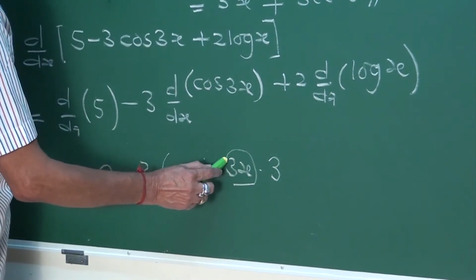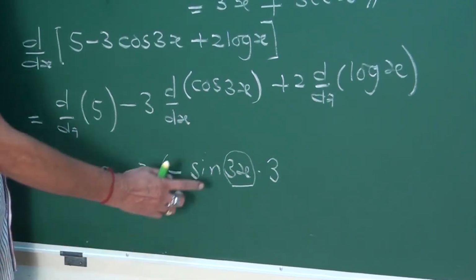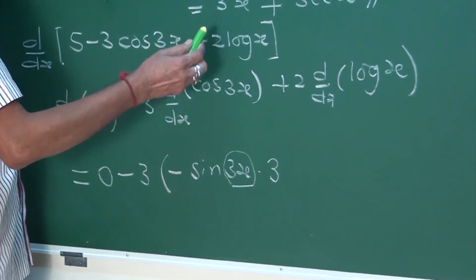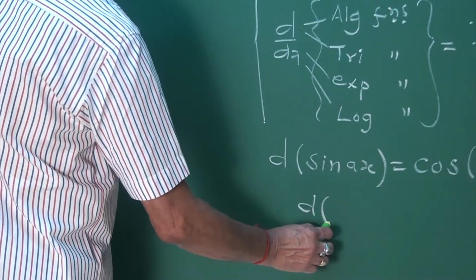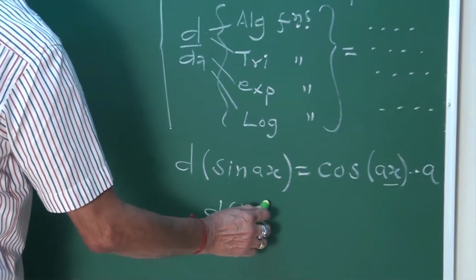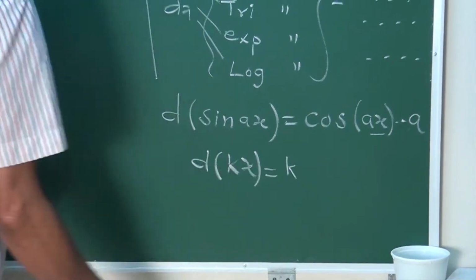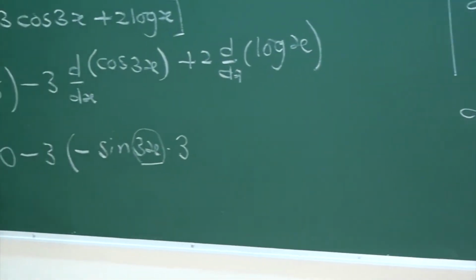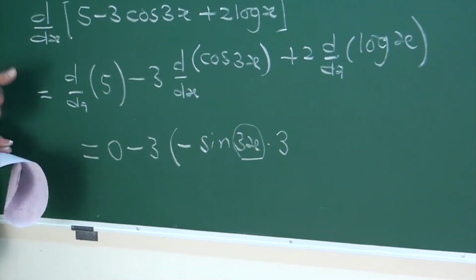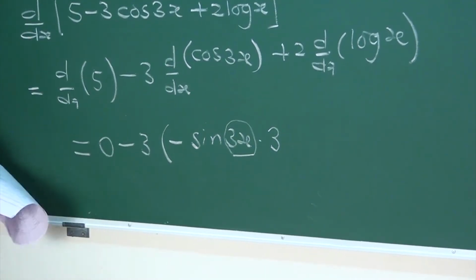What is the derivative of 3x? Derivative of kx, we have done in the previous video, is k. So derivative of 3x is 3.